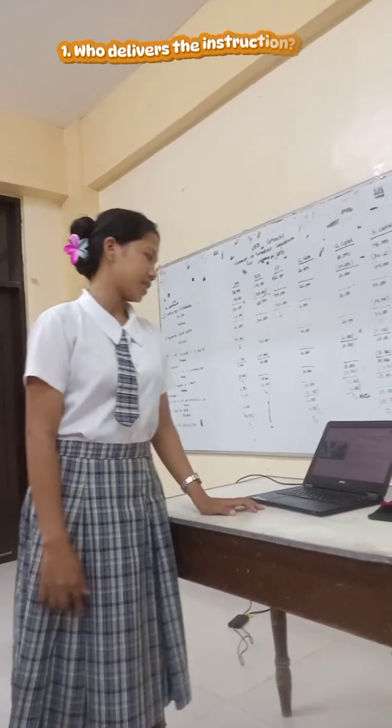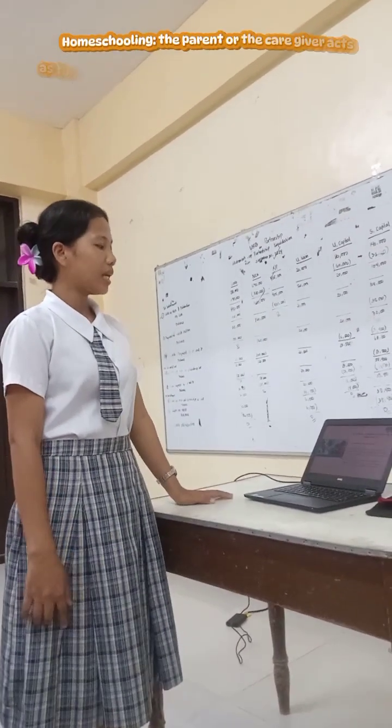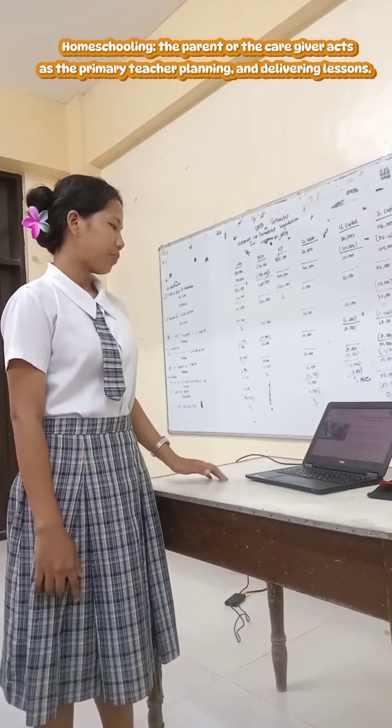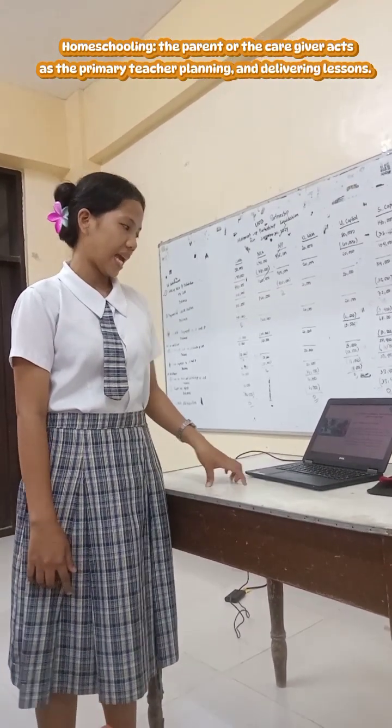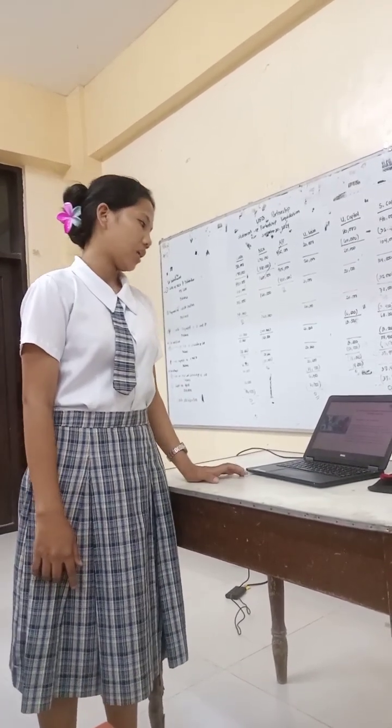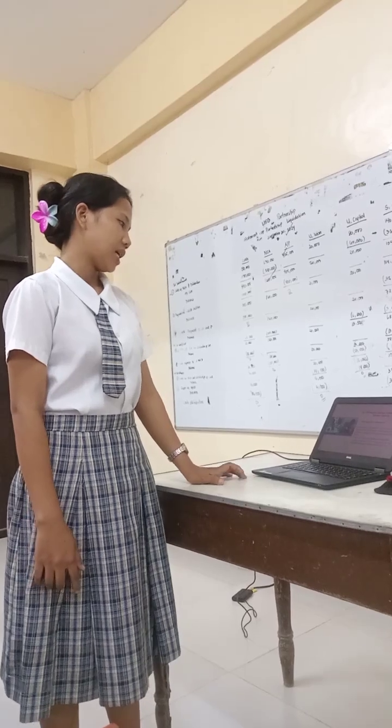First, who delivers the instruction? In homeschooling, the parent or caregiver acts as the primary teacher, planning and delivering lessons, often selecting or creating the curriculum tailored to the child's needs.